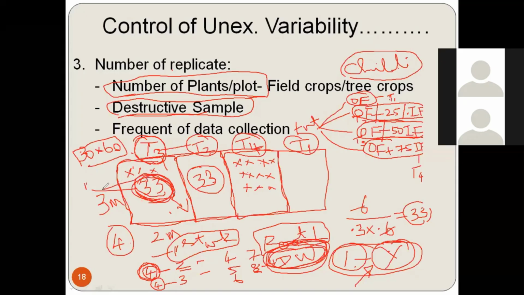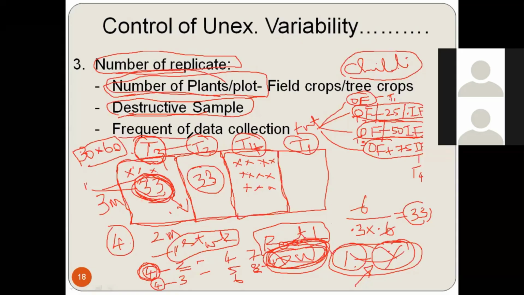We'll have to remove those 5. So ultimately, we don't have enough plants to do the experiment. That is why at the beginning we have to plan how many replicates we want, how many plants in a plot we want. All these we have to plan at the beginning.